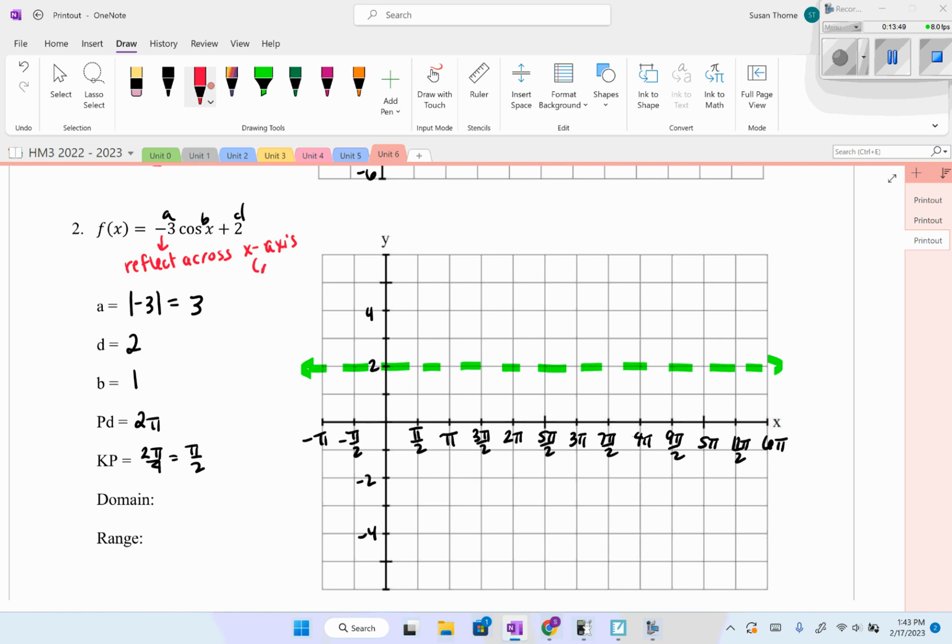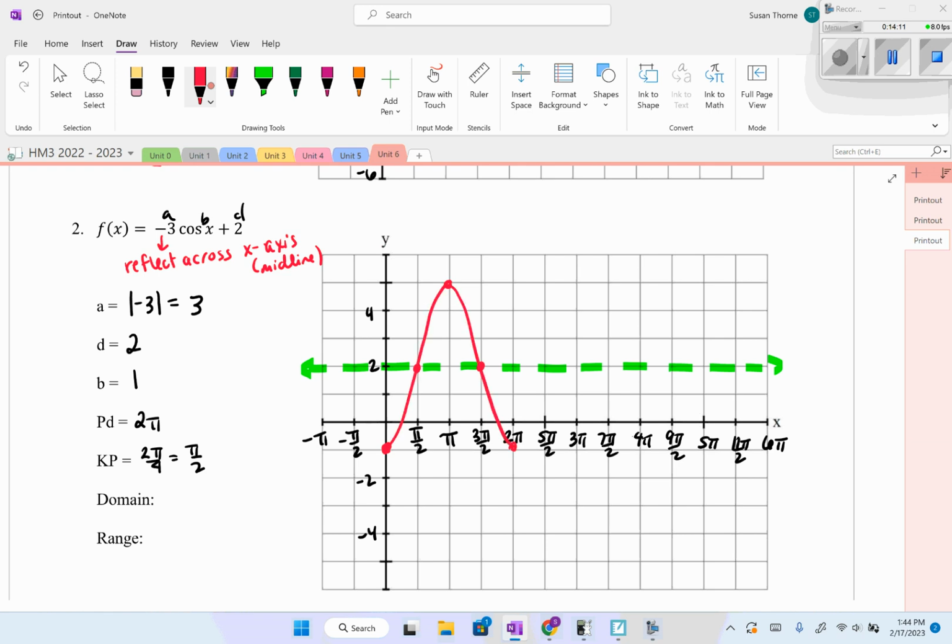So that's the midline for us right now. So instead of starting above the midline up 3, we're going to start below the midline down 3. And we always have to go back to the midline, and then 3 above, back to the midline, and 3 below.